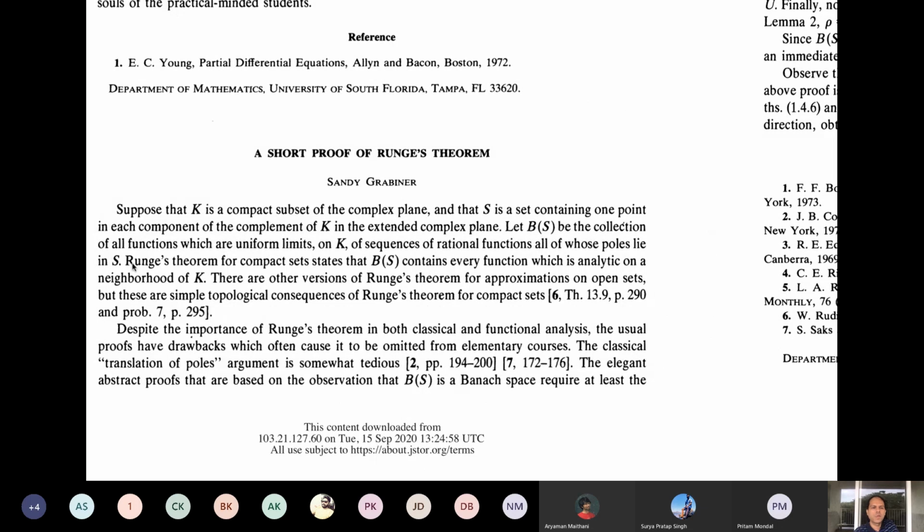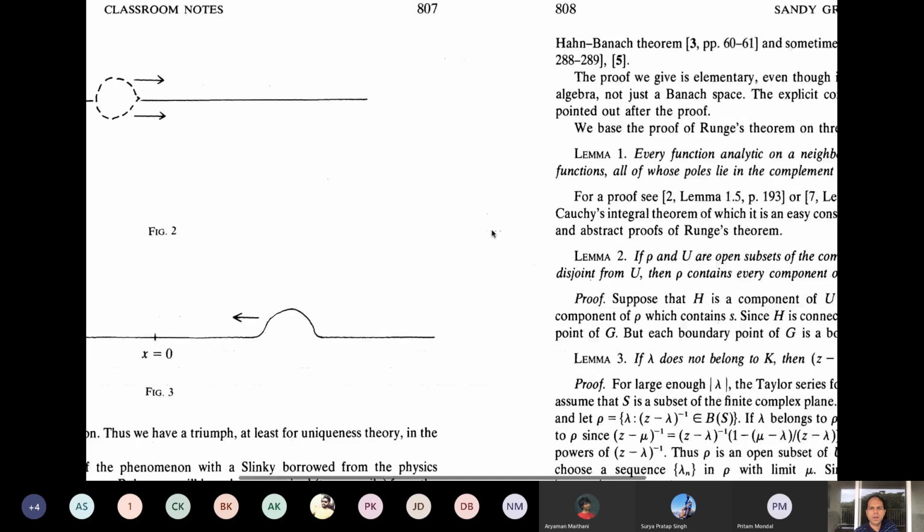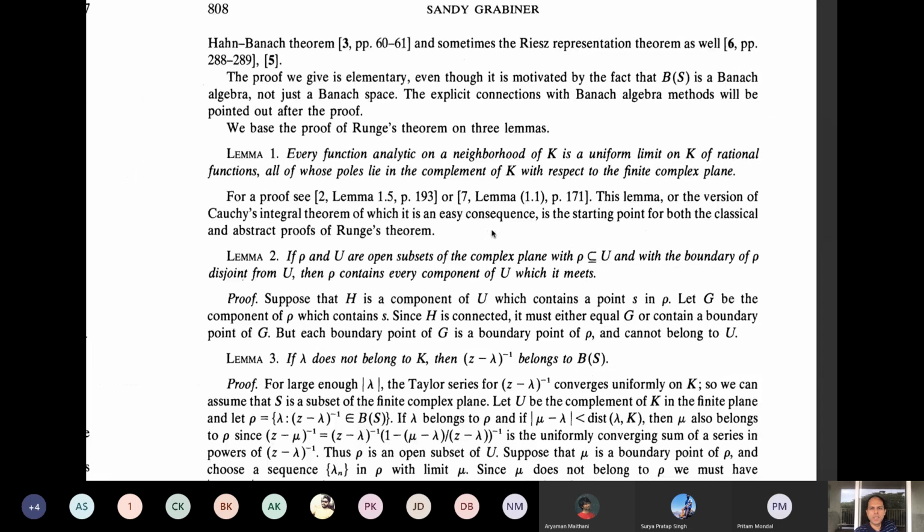BS is the collection of all functions that are uniform limits on K of a sequence. Yeah, BS is what we call M. So M is a subspace of CK. So what he is calling BS is what we call M, and we showed that F is in M bar. So it is motivated by the fact that M is a Banach algebra.